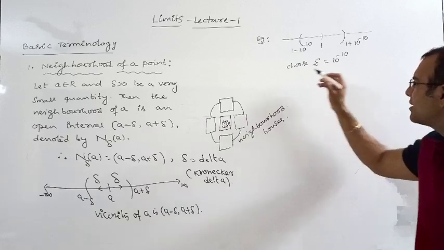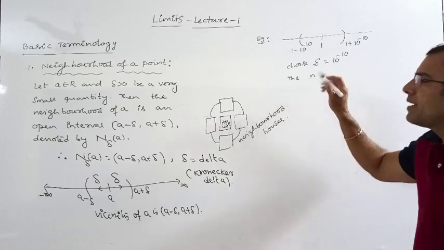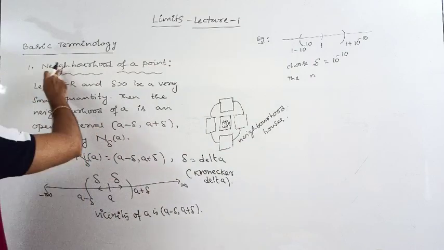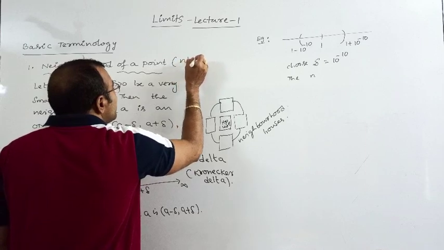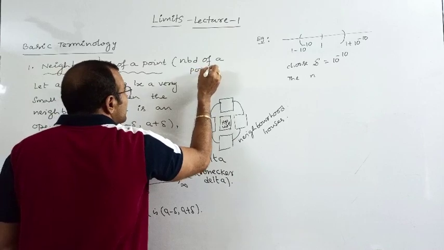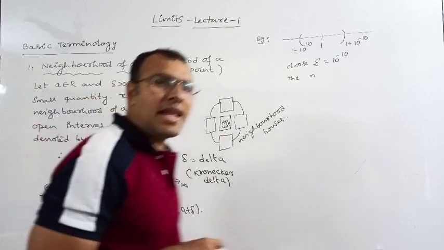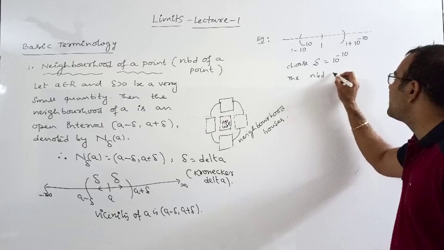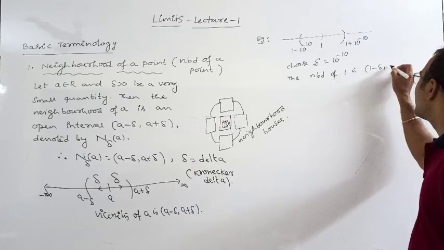The neighborhood of a point we also read simply as NBD of a point. We don't write such a big word, simply we write NBD. So the NBD of 1 is 1 minus delta comma 1 plus delta.